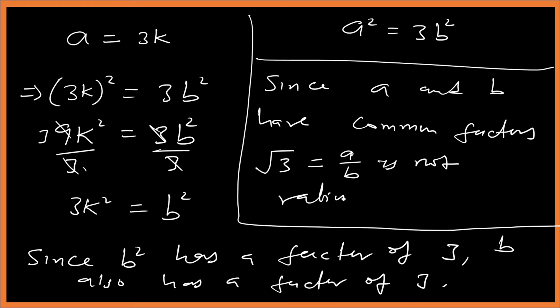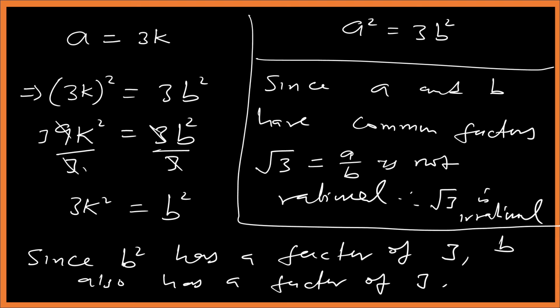Once a and b have common factors, it means they contradict and therefore not rational, and hence root 3 is irrational.